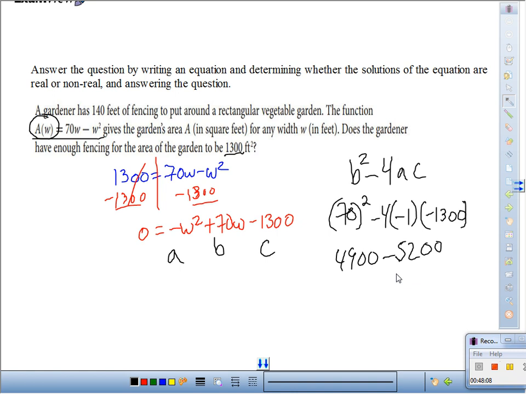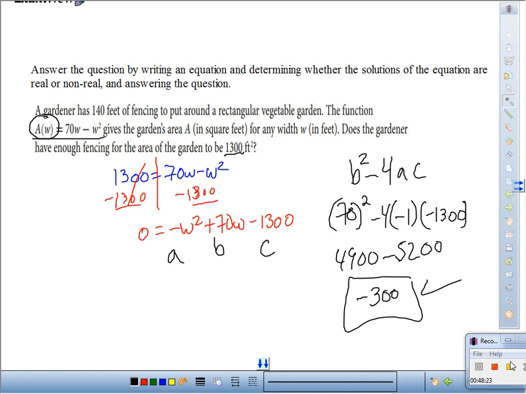So what is 4,900 minus 5,200? Negative 300. Tell your neighbor what this number means. What does that number mean? That there's no real solution. So are we going to substitute the 140 to continue doing the work? No, because automatically we know that there's no solution to this equation.